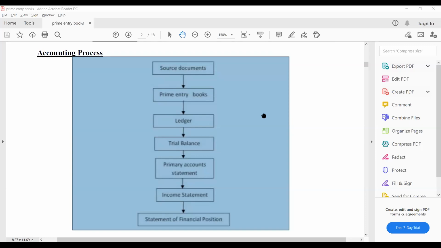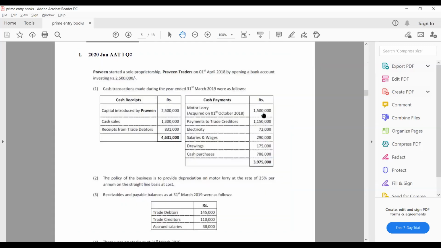So we will do this question. There's a question about what a purchase order belongs to.